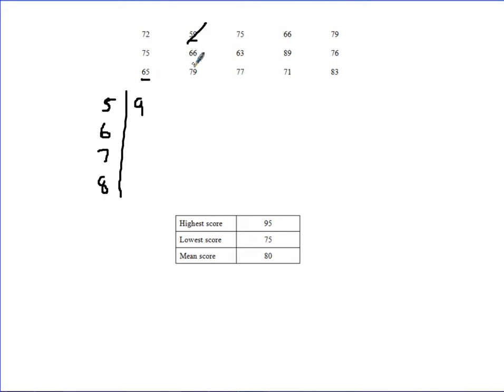Then underline my 60s. And the reason I'm underlining is I'm going to order them. So it goes 3, 5, 6, 6. So then they can go. Then underline the 7s. Be careful with this one. So we've got 1 and 2. 1 and 2.